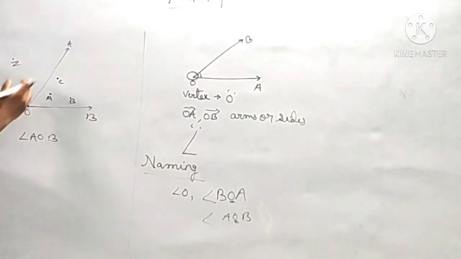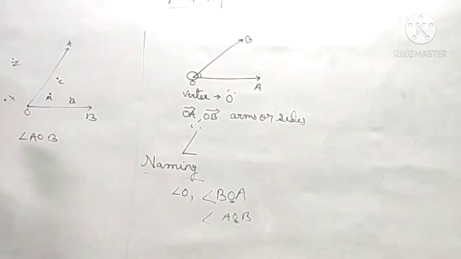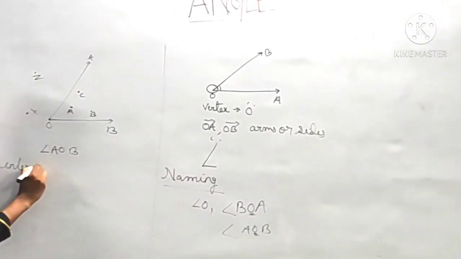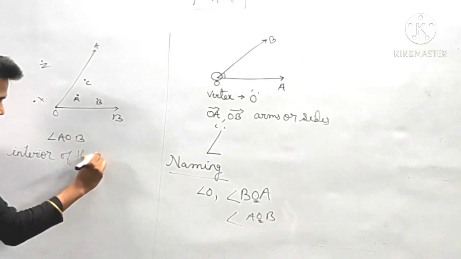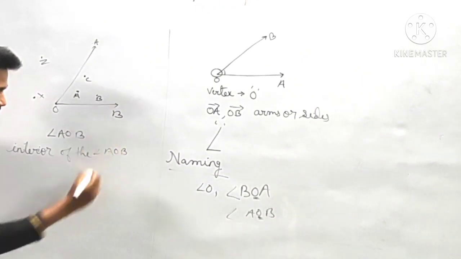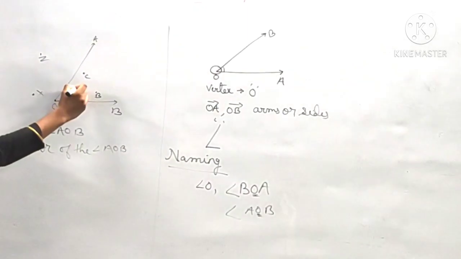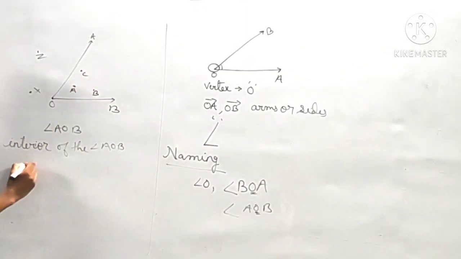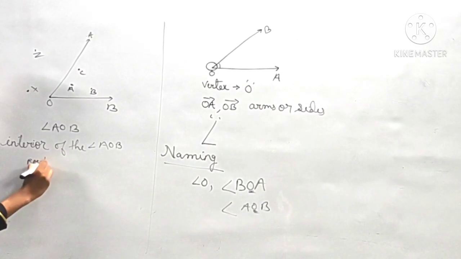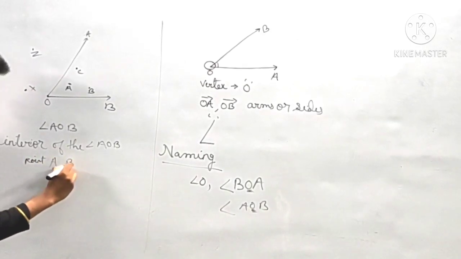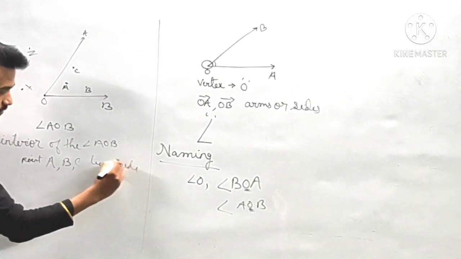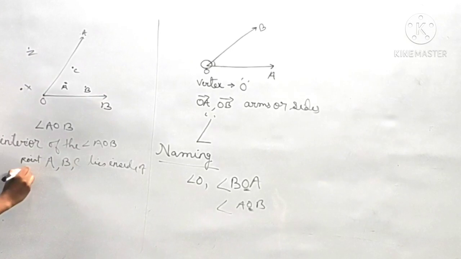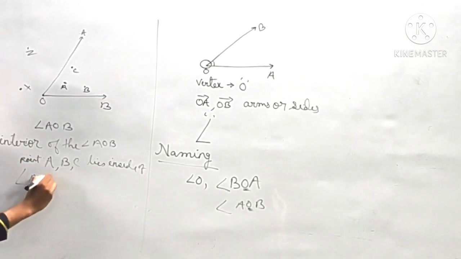Now you see this angle has divided this plane into two parts. The interior of the angle AOB can be seen as point A, point B and point C. Points A, B and C lie inside angle AOB, isn't it?